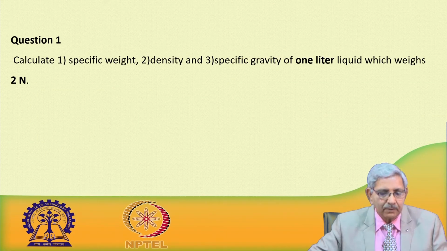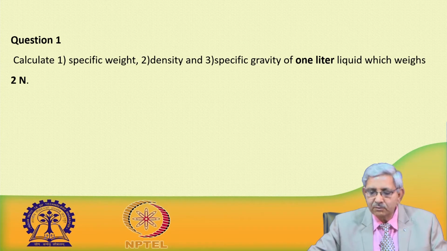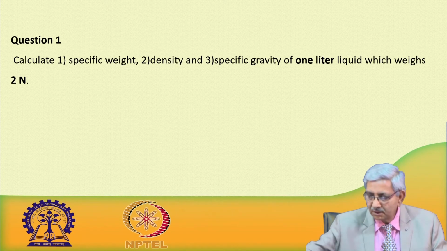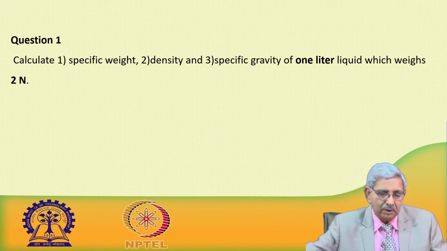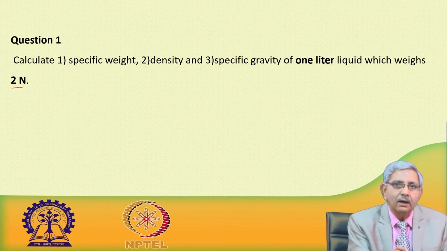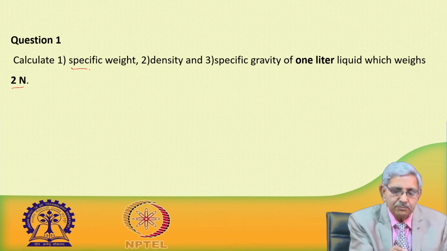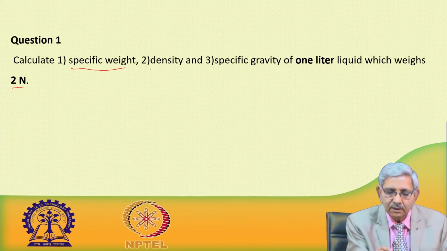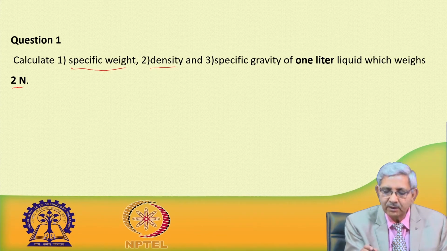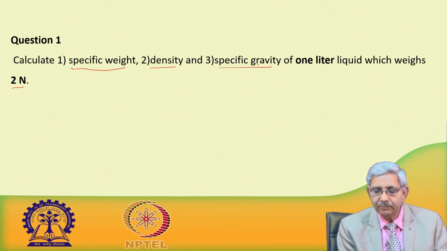So, question 1 is we are given 1 liter of liquid which weighs 2 Newton, and we are required to determine the specific weight, density of this liquid and the specific gravity of this liquid.